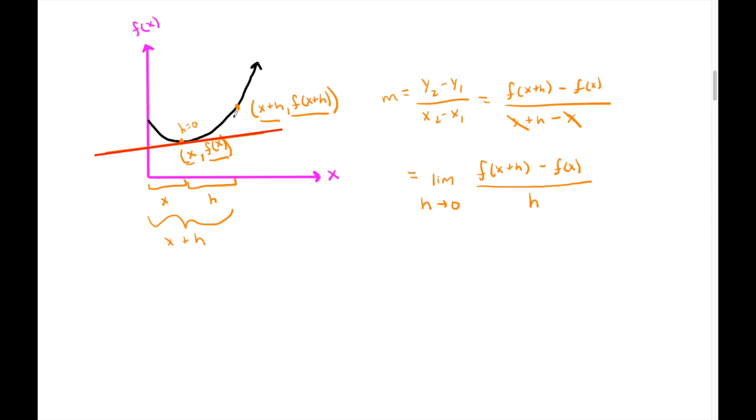So as h approaches 0, it gets closer and closer to the same point, and our line goes from intersecting 2 points in our function to eventually becoming tangent and just intersecting 1. And this overall is now our new derived function, and this is all you need to know, that this is the definition of a derivative, and that is how you visually prove it.